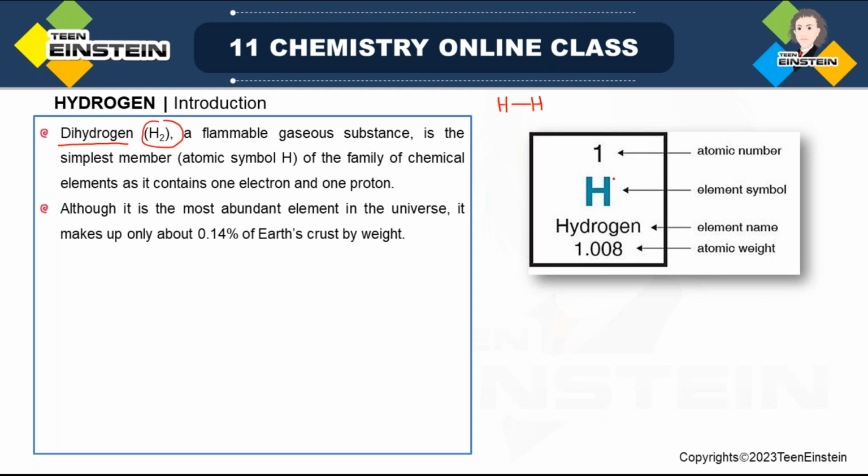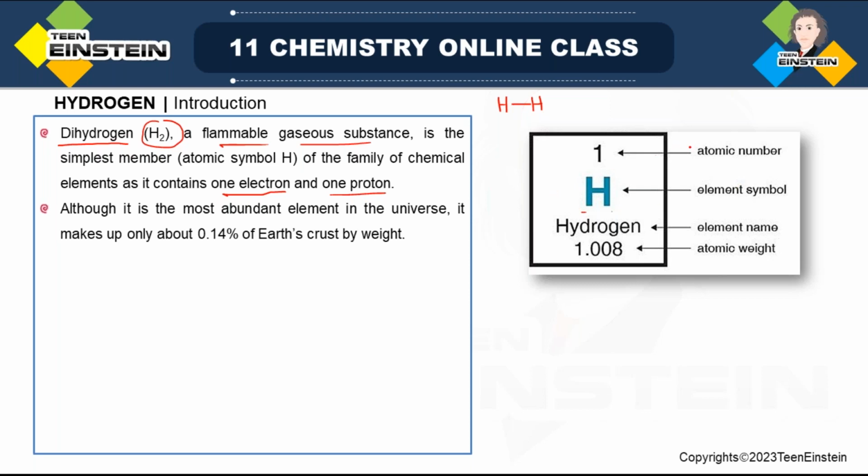Now if you look at this picture on the right-hand side, this is the elemental sign we use for hydrogen. It is the first element of the periodic table, a flammable gaseous substance, and it is the first member, and that is why it is the simplest member. As the simplest member, it has one electron and one proton in the nucleus.